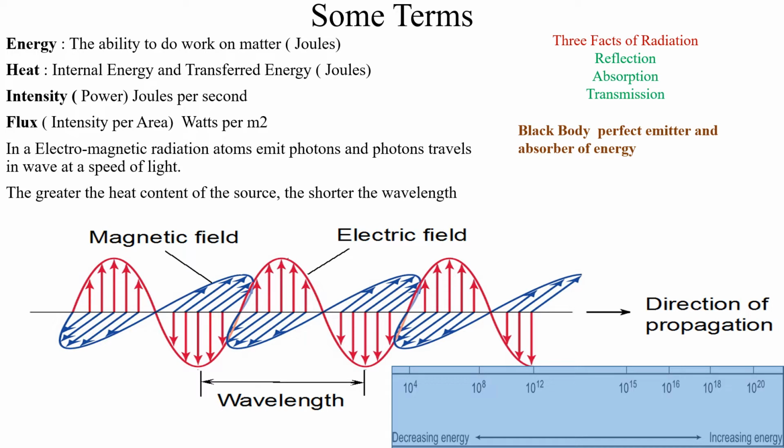and transmission, black body, a perfect emitter and absorber of energy, because a black body does not reflect any sunlight. And you also need to know the spectrum, like when white light is divided into different colors, violet, red.